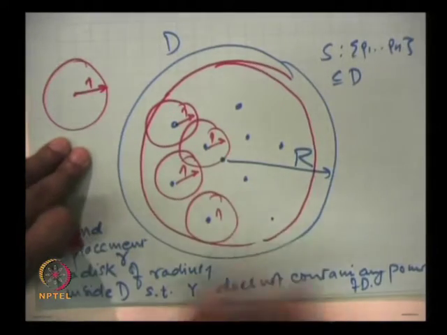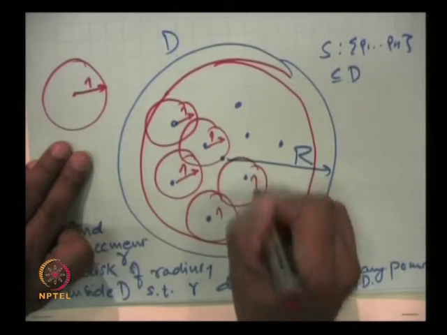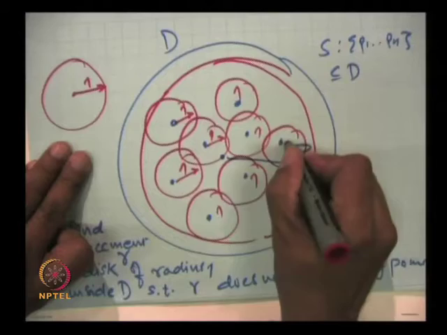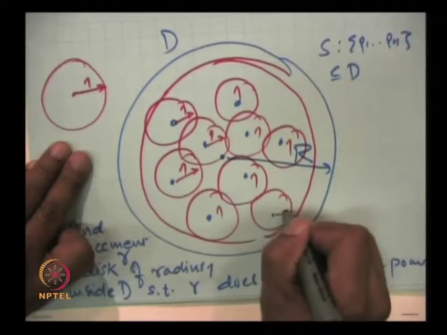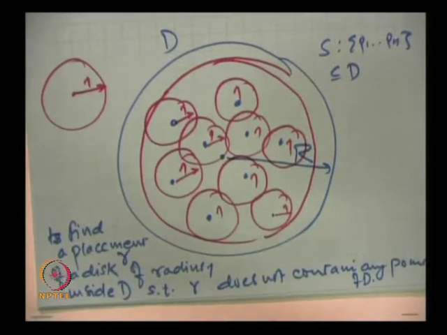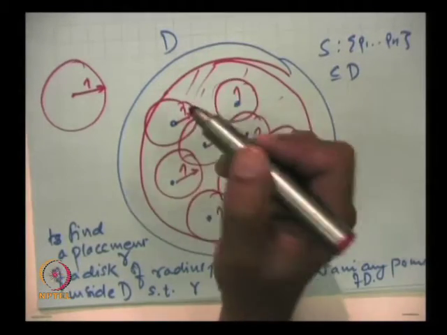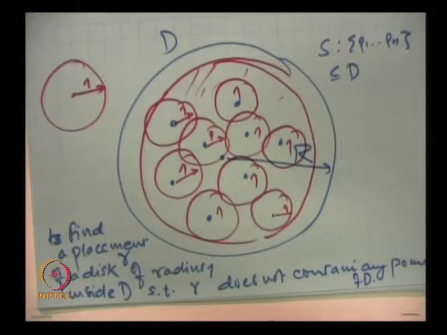Am I right? Then you look inside this bigger red disk and outside it, and compute the union of these radius 1 disks and see if there is a point there. If I find a point, then it means that if you put a disk of radius 1 there, it will lie inside the bigger disk and it will not contain an input point.